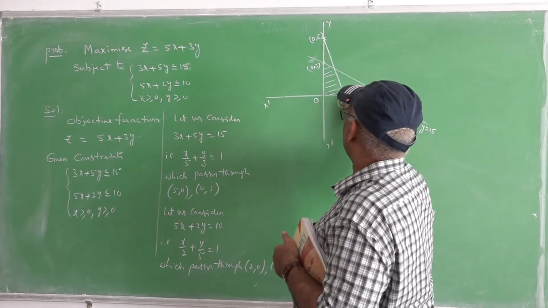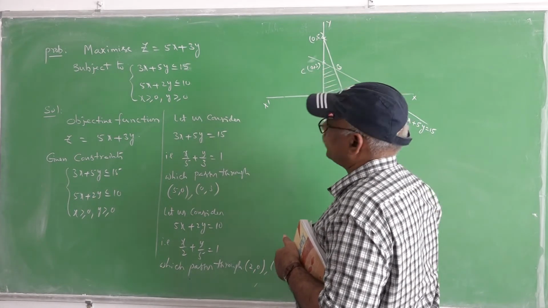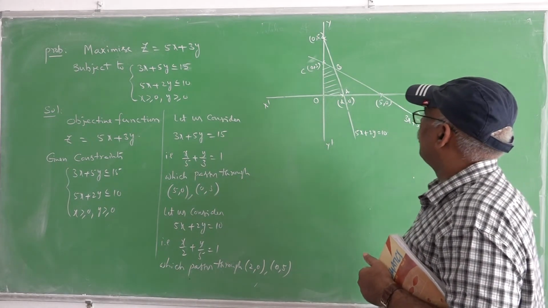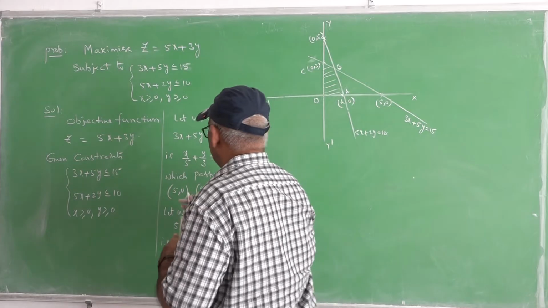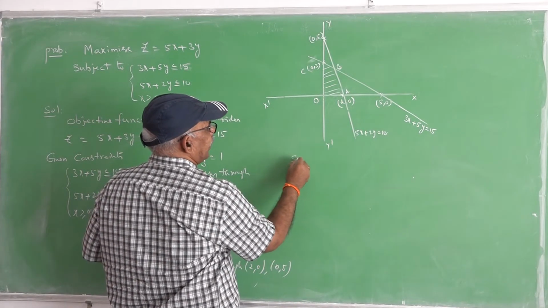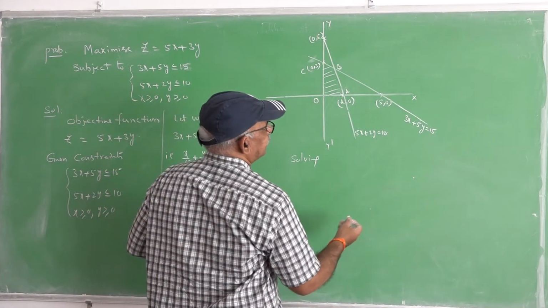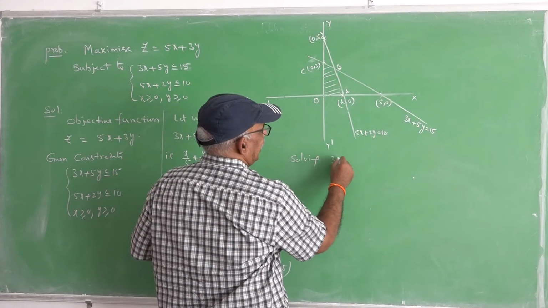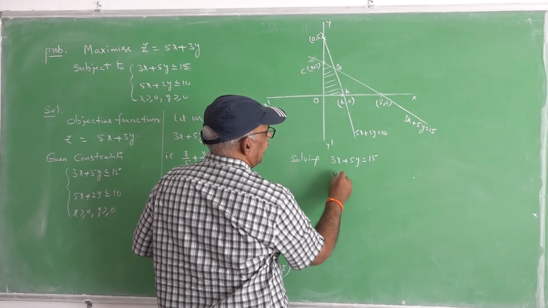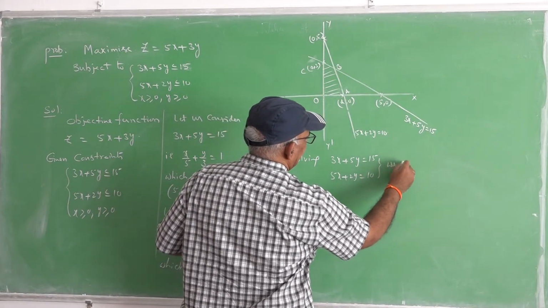Let us suppose the vertices of the polygon be O, A, B, C. Here you have to find B. B is the intersection of these two lines. So, B is obtained by solving the lines 3x plus 5y equal to 15 and 5x plus 2y equal to 10, we get B.